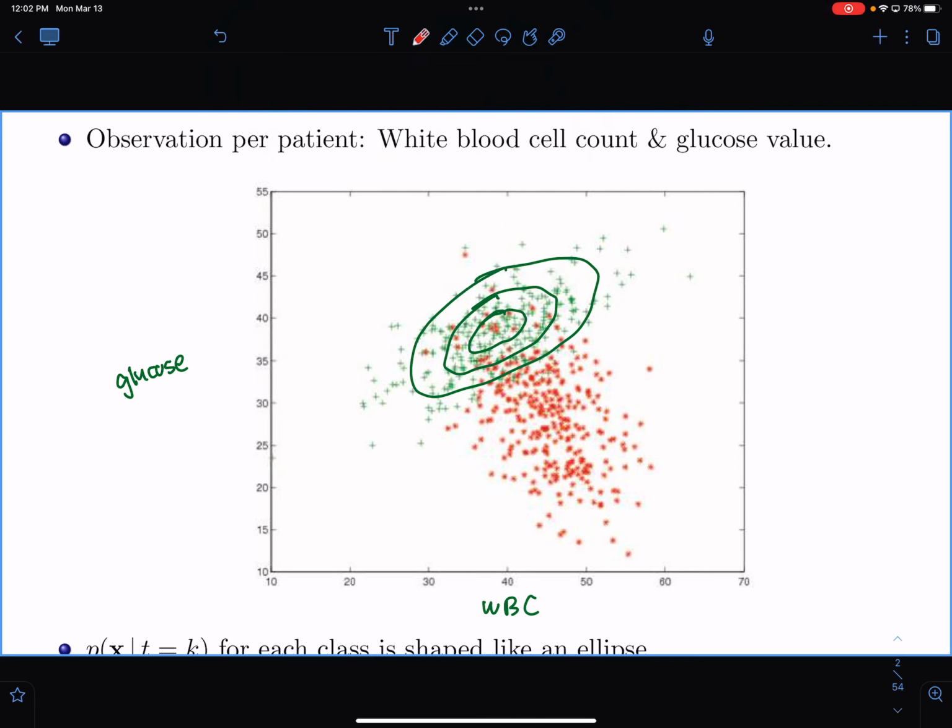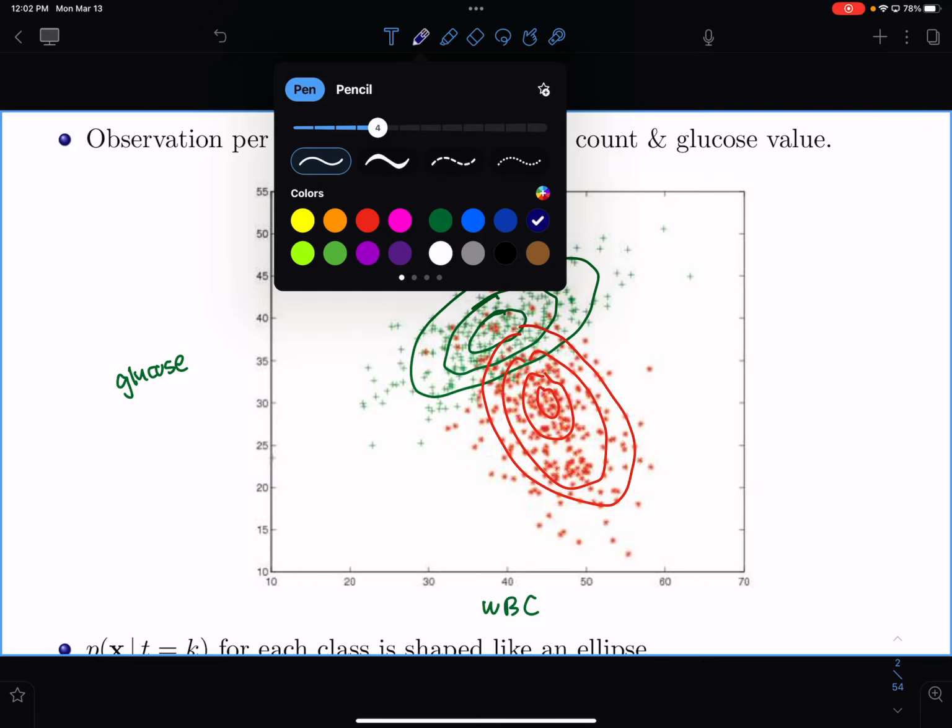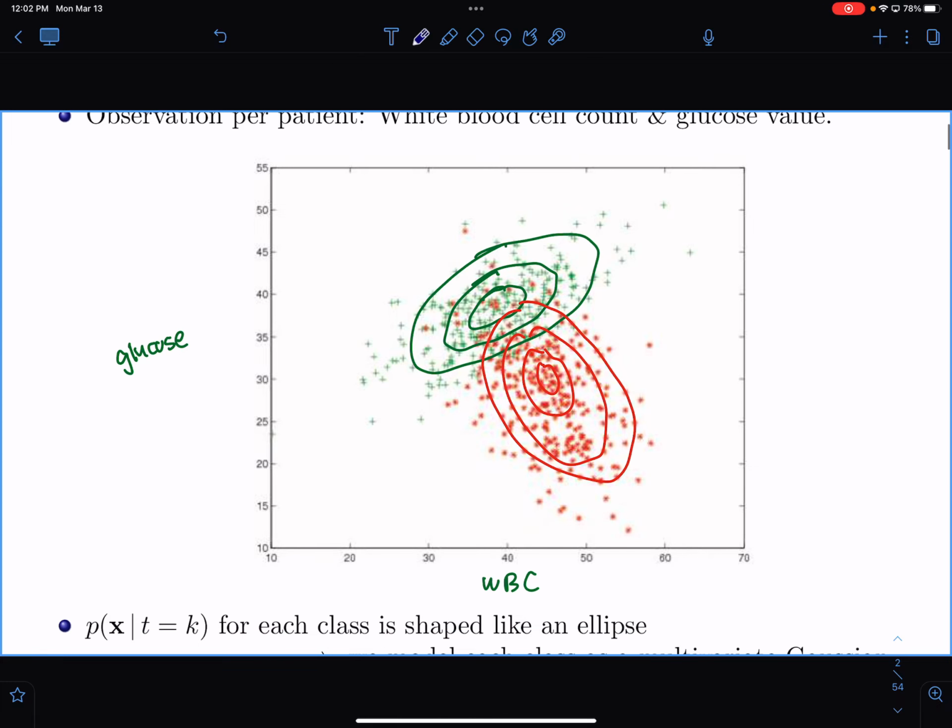And we can also do the same thing for the red plot. So the overarching idea is we're still going to focus on a generative model where we estimate what each individual class looks like.